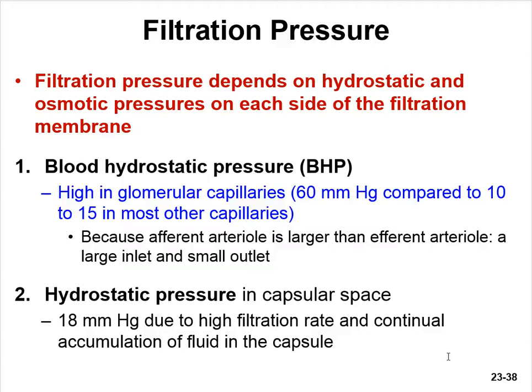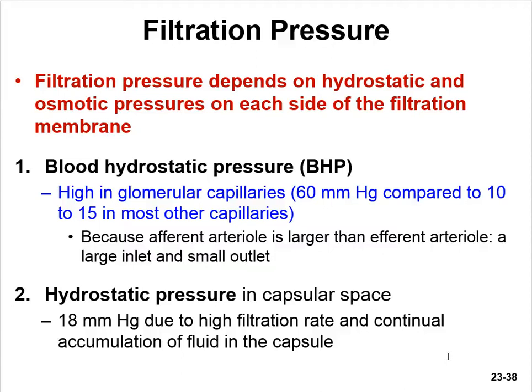And then this results from the fact that the afferent arteriole is substantially larger than the efferent arteriole. It gives the glomerulus a large inlet but a small outlet. The hydrostatic pressure in the capsular space is about 18 millimeters of mercury, compared with the slightly negative interstitial pressure elsewhere. This results from the high rate of filtration and continual accumulation of fluid in the capsule.